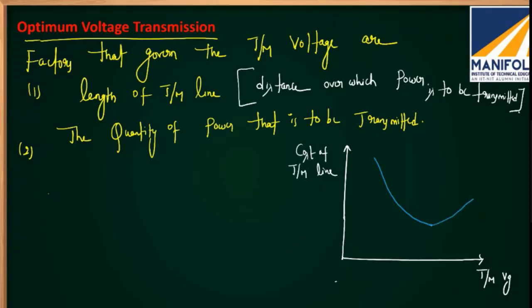Initially it will reduce and it will reach a minimum point and then again it will increase. This is called the optimum voltage of transmission.